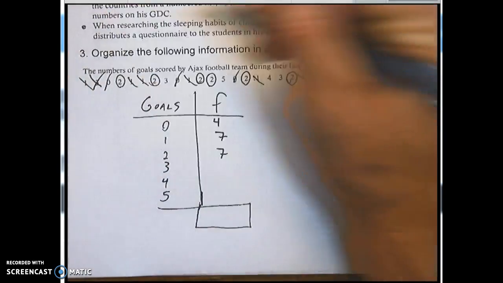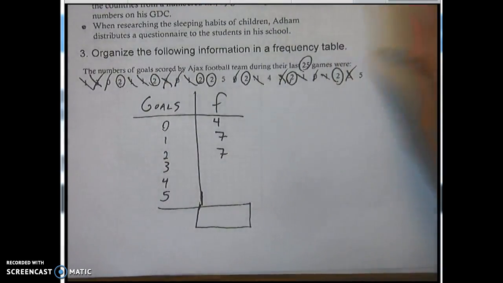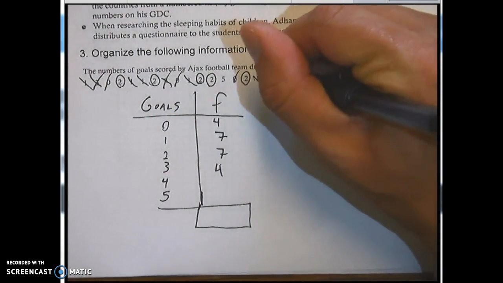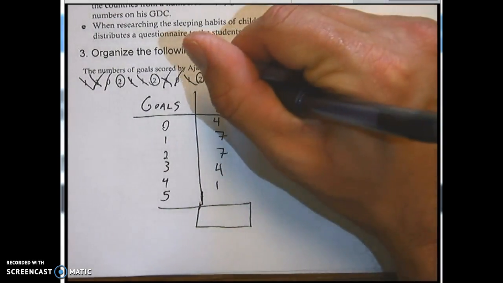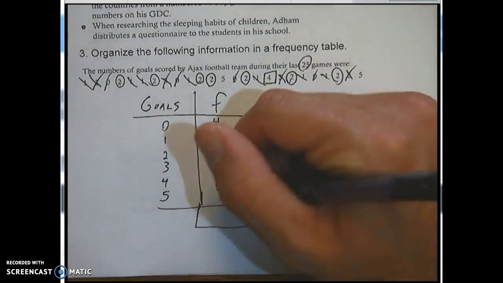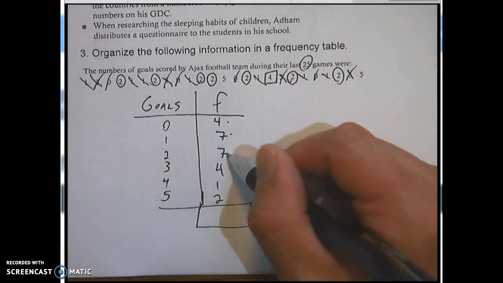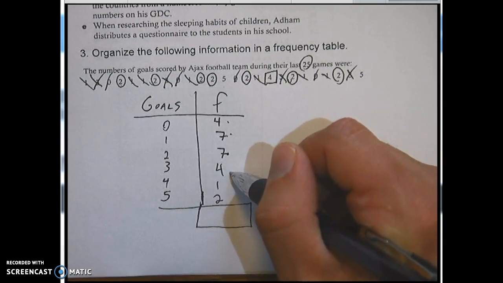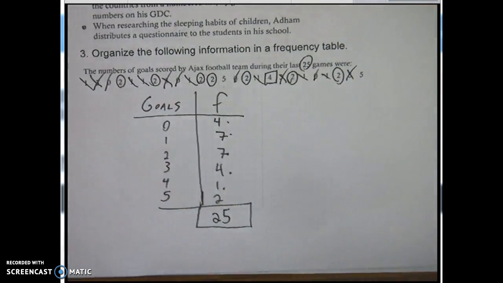Number of threes, 1, 2, 3, 4 threes. Number of fours, I see 1, 4. Number of fives, I see 1, 2, 5. So when I add those all up, 4 plus 7 is 11, plus 7 is 18, plus 4 is 22, 23, 25 is the total, which is the number I'm supposed to get, and that's how you build a frequency table.